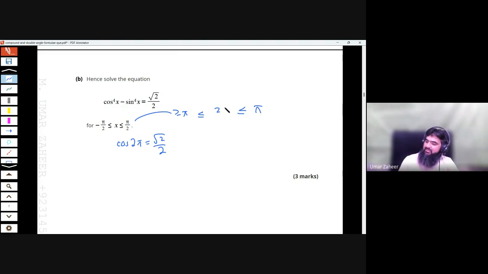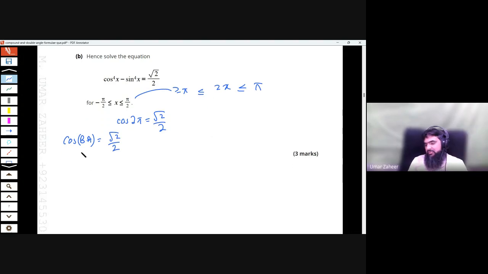So we have to find the values from minus pi to plus pi. So again we have to find the base angle. The base angle is equal to cos inverse of root 2 divided by 2. That will be equal to pi over 4.